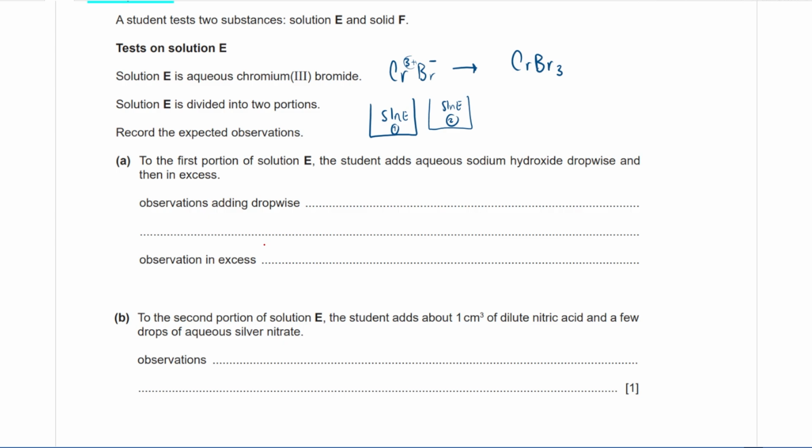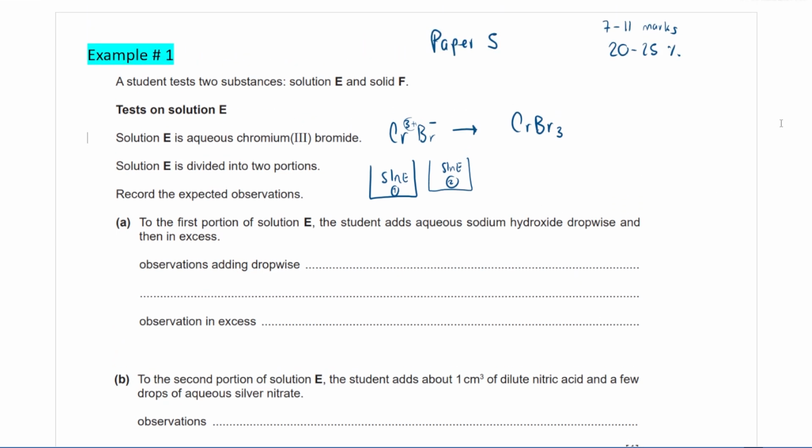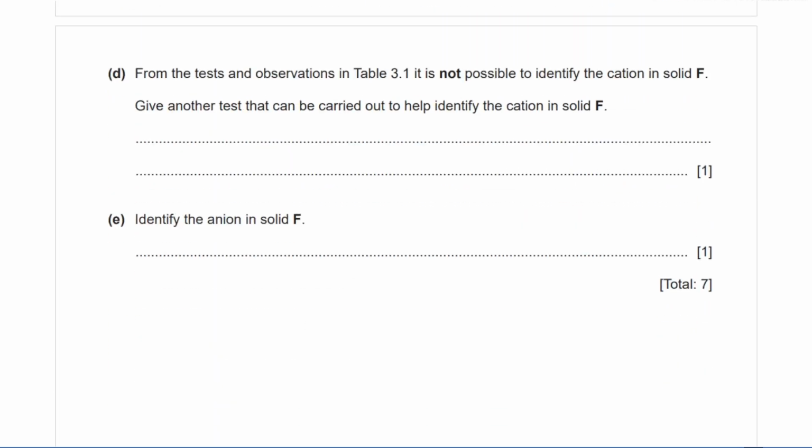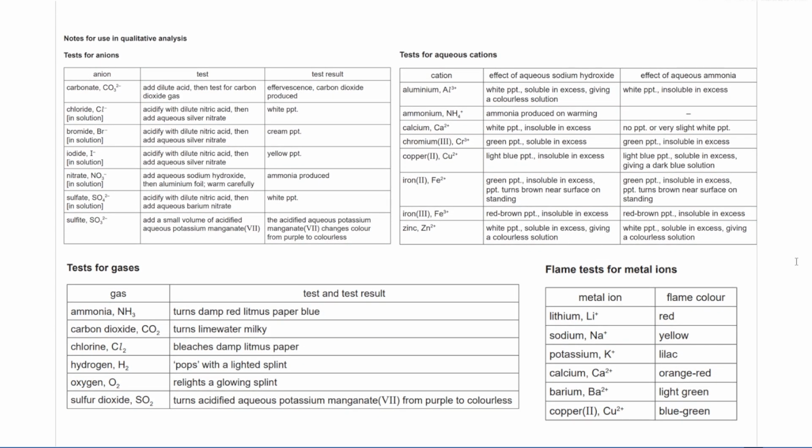And the answer is not really, because for these specific tests you will have your best friend, called the Notes for Use in Qualitative Analysis, and this is going to be provided to you at the end of the paper, so you don't have to worry about memorizing all of these tests.